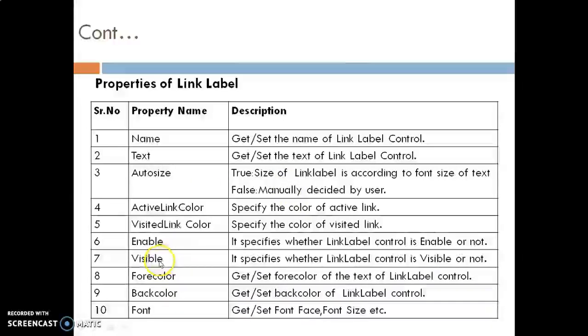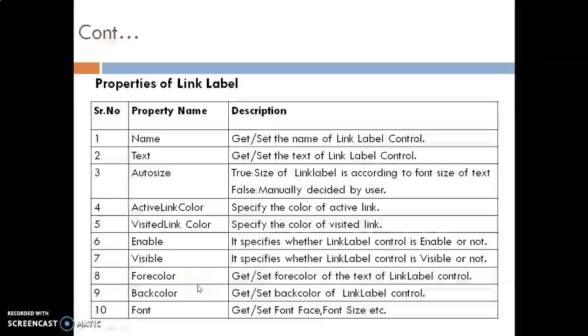Then next property is visible. Again it has two values, true or false. If the user selects the value true, then the link label control is visible at runtime. And if the visible property has a value false, then it cannot be visible to the user at runtime. Then next property is font color.